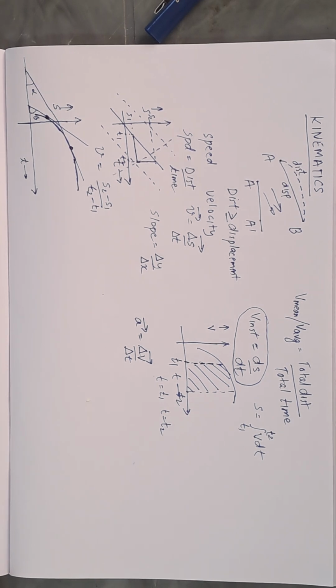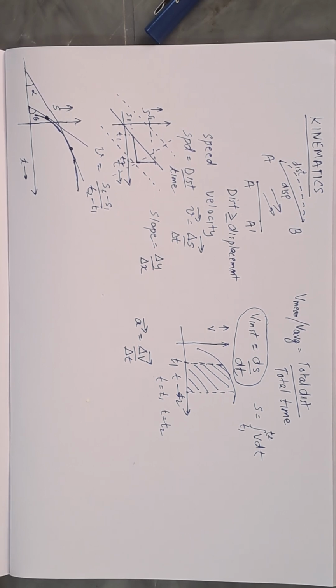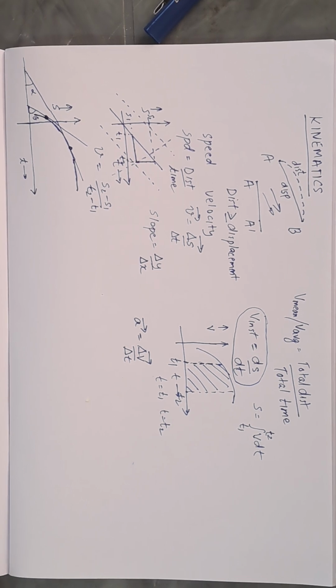If we know that the acceleration is constant between t1 and t2, but we don't know the value of that acceleration, and we know the value of velocity at t1 and at t2, what will be the value of acceleration? Delta v by delta t. So final velocity minus initial velocity divided by final time minus initial time.